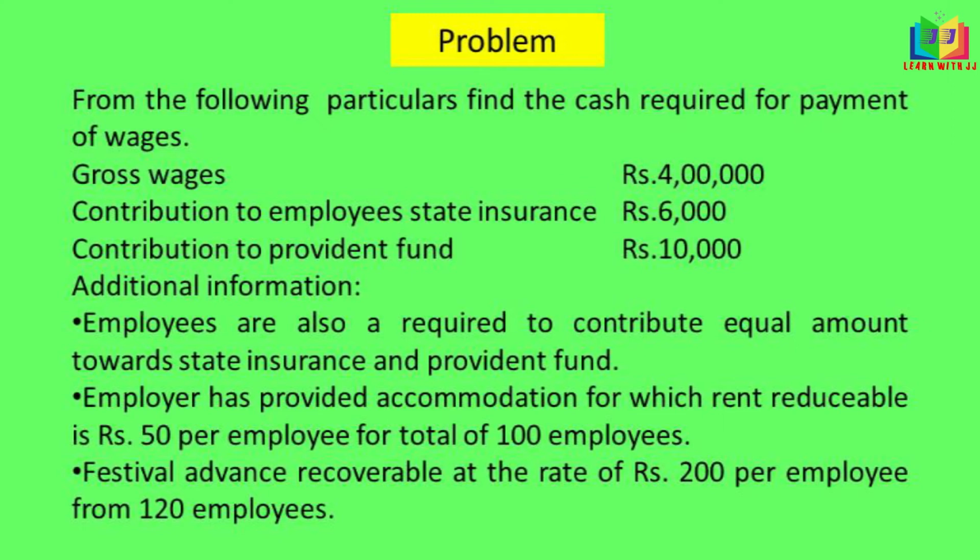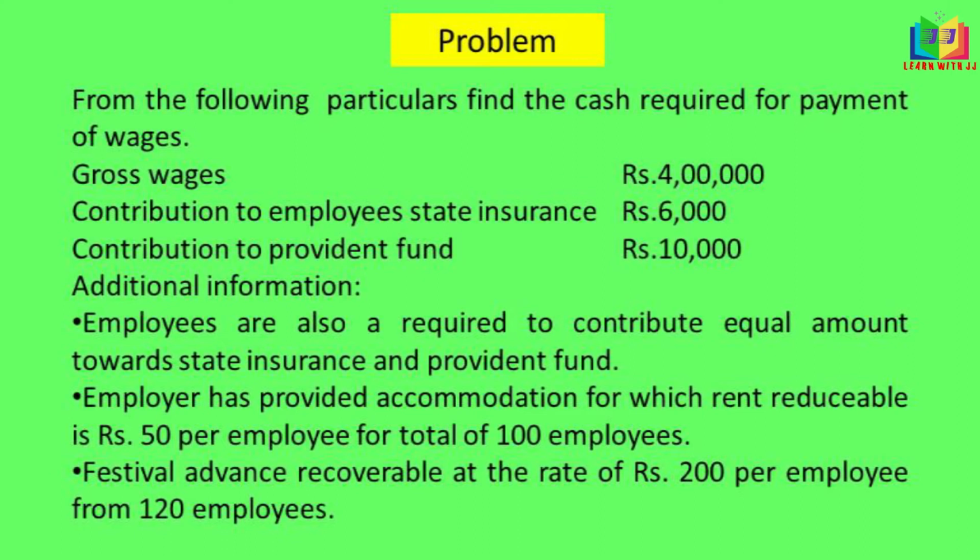Employer has provided accommodation for which rent recoverable is rupees 50 per employee for total of 100 employees. Festival advance recoverable at the rate of rupees 200 per employee from 120 employees. Using this information we have to calculate the cash requirement for making payment of wages.